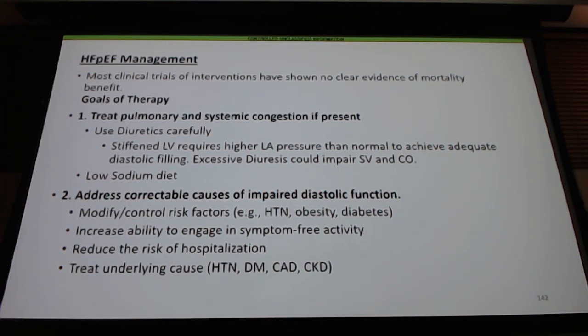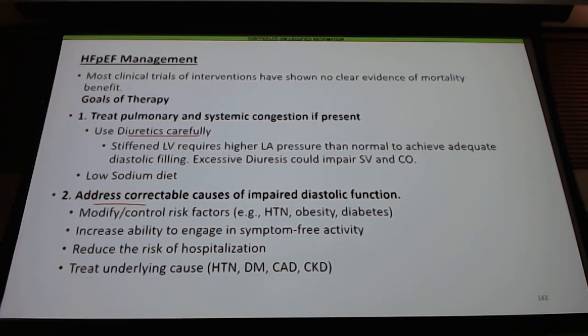Then we moved on, we started talking about HFpEF, and we talked about how there's not a lot of great evidence in HFpEF on treatments that we should be doing. But basically, when we look at the treatment algorithm, it's really limited to diuretics as needed, and then address correctable causes of impaired diastolic function.